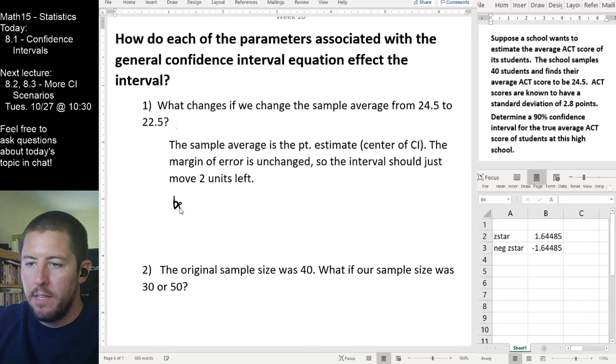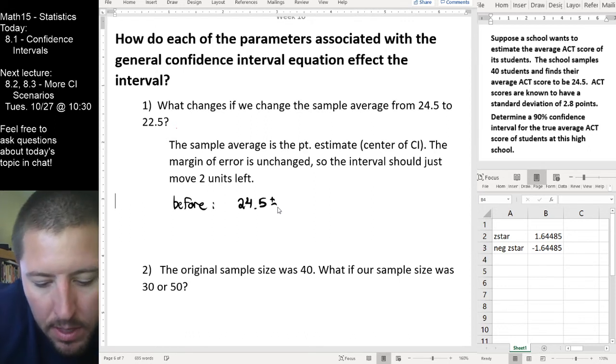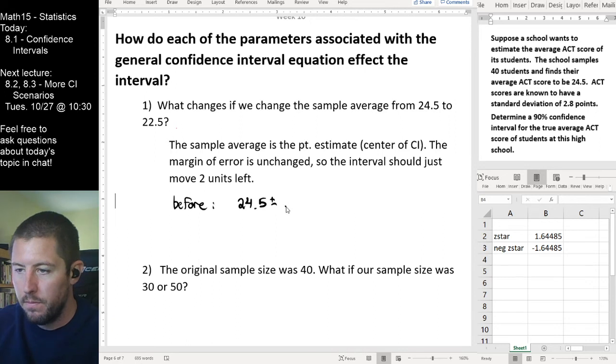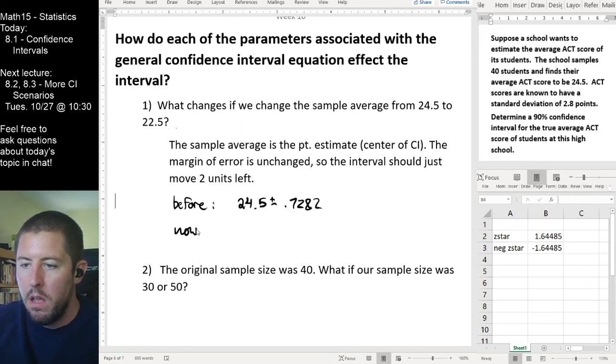So before, we were getting 24.5 plus or minus 0.7282. Now we're getting 22.5 plus or minus 0.7282.